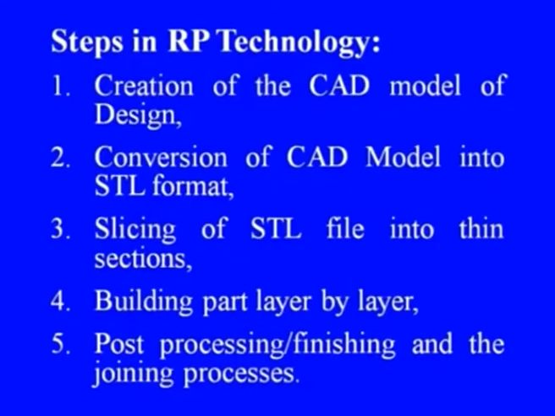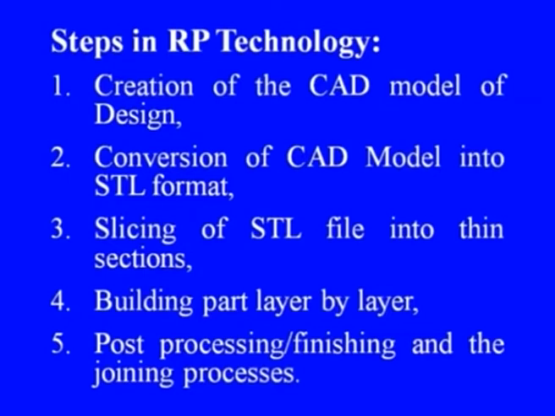Now, let us look at different steps in RP technology, rapid prototyping technology. The first step being a CAD model is to be produced. For the design of the product to be produced, a CAD model is necessary.